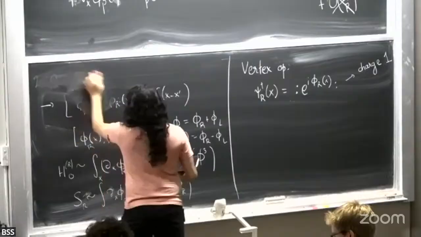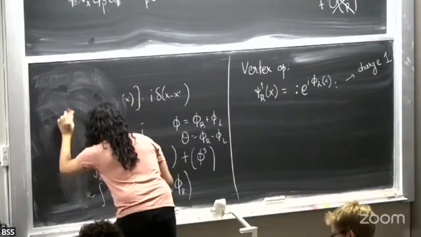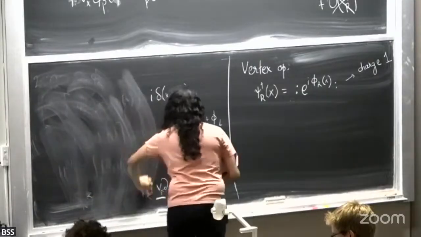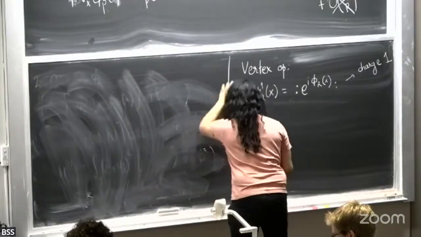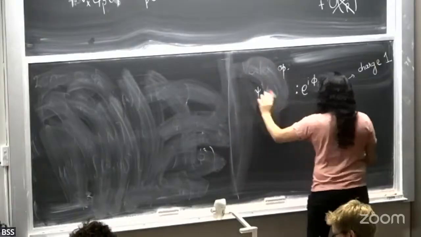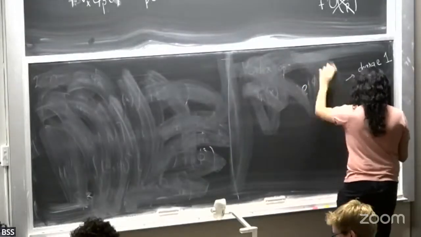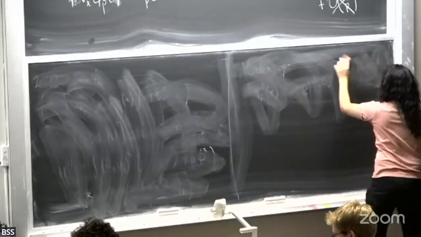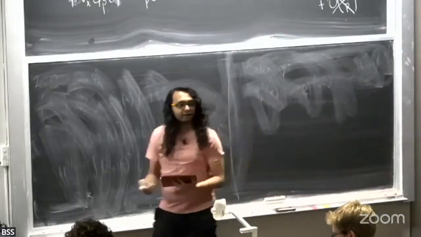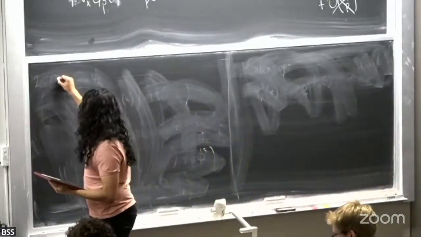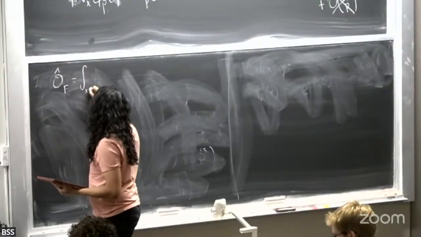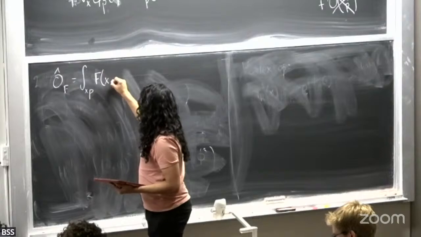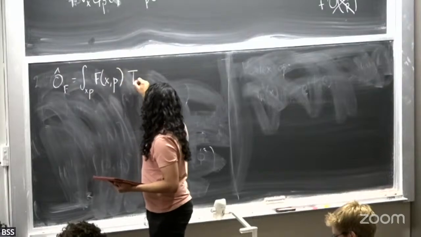So what do we do when we have a Lie algebra? We exponentiate it to create a finite transformation. So I'll first consider some generic linear combination, which I'll define as O hat f, given by the integral over x and p, f of x, p times T of x, p.